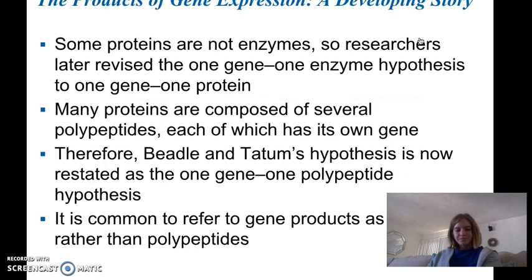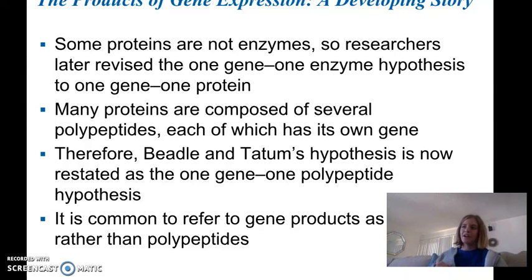A lot of times you might see it called from gene to polypeptide because, as you remember, proteins are made up of polypeptides. But typically we call this the one gene, one protein hypothesis because originally they discovered it using enzymes.